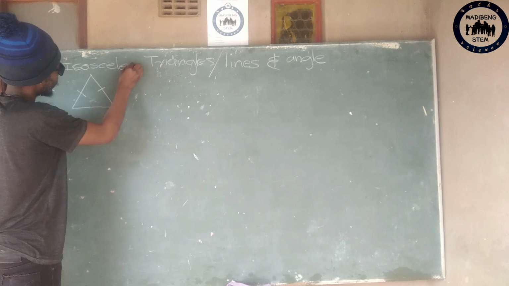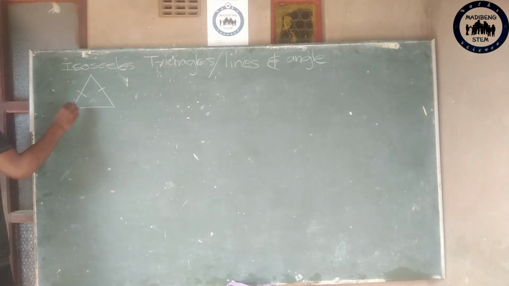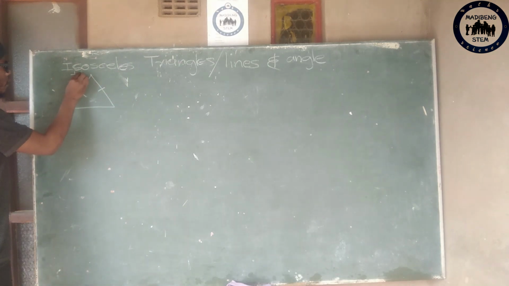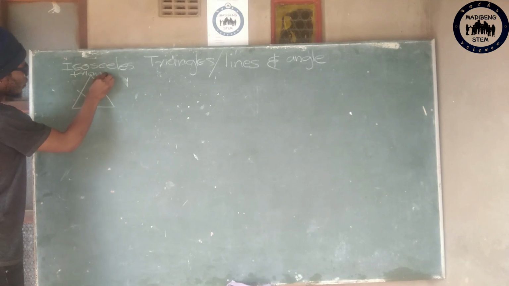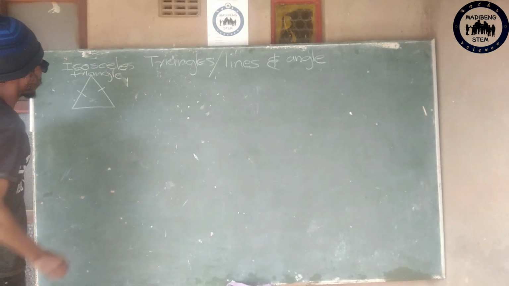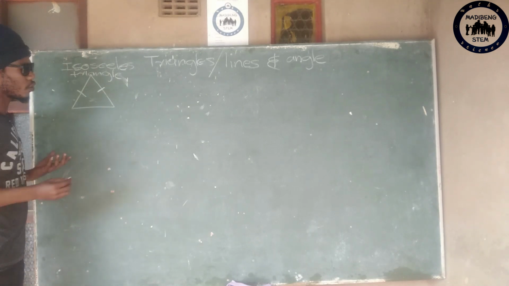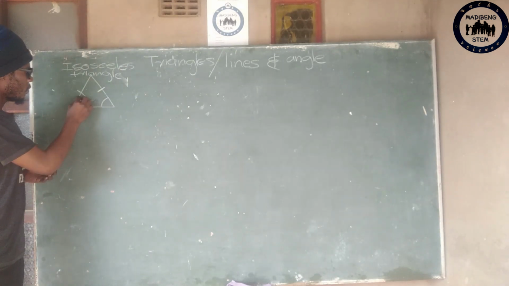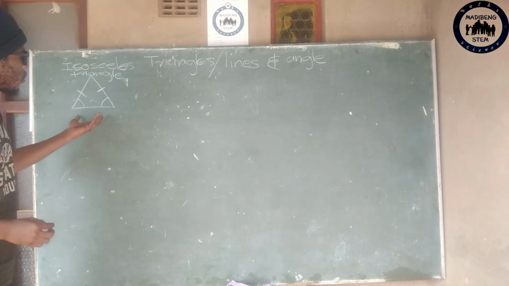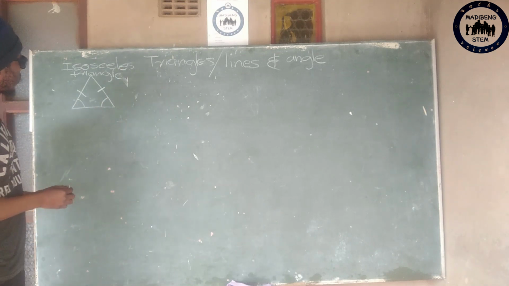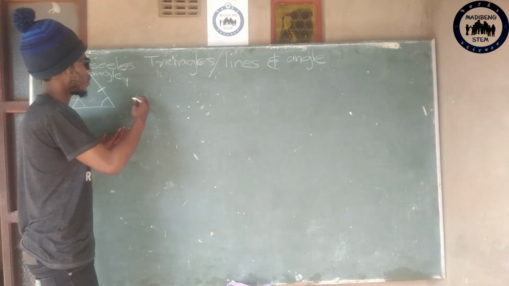It says isosceles triangle, guys. This triangle has two equal sides and two equal angles.